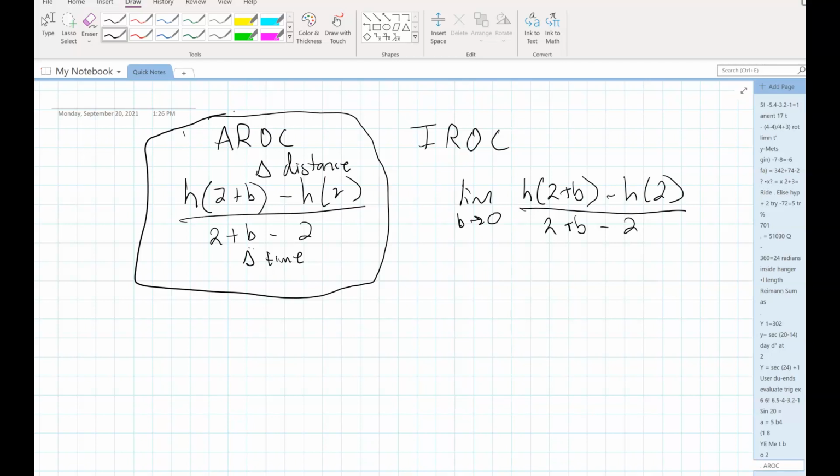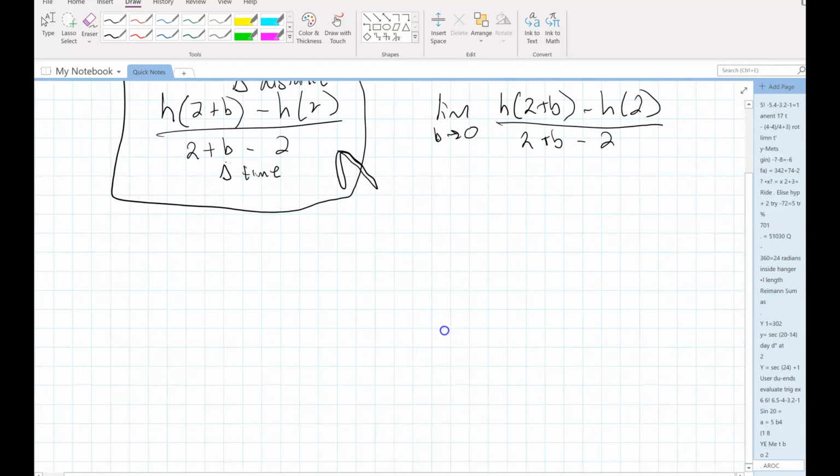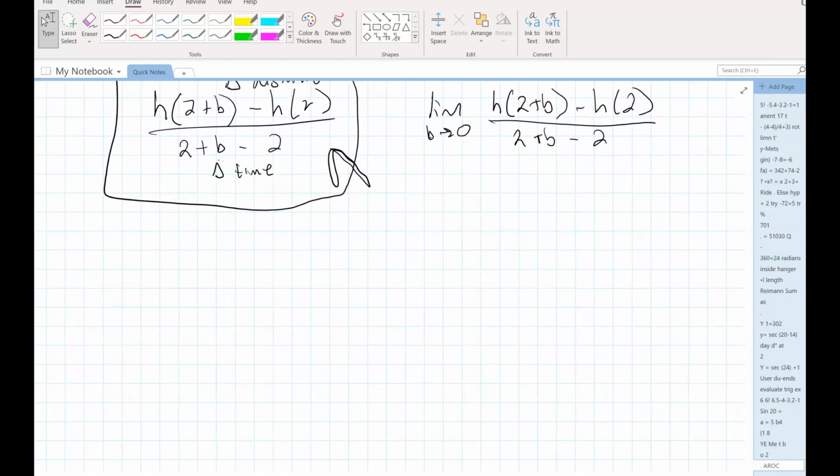And the instantaneous rate of change, what we talked about in that video, is that if we take the limit of this average rate of change and let b approach 0, in other words, let these two x values get closer and closer together, which means the interval is shrinking, then if we can evaluate that limit, it'll give us the actual instantaneous rate of change at 2. So that's what we should have gotten from those videos, or from the session, either way, the activity with the Zephorgian throwing the rock.